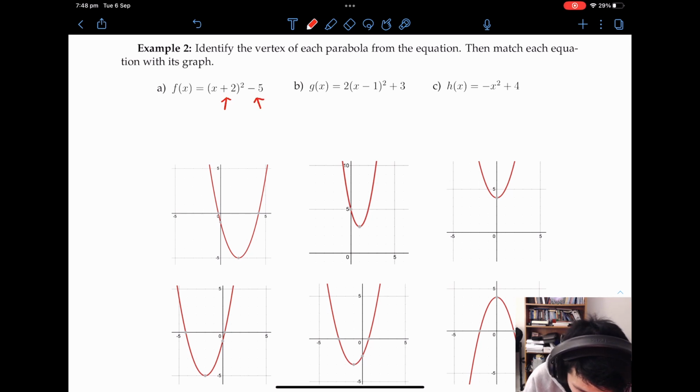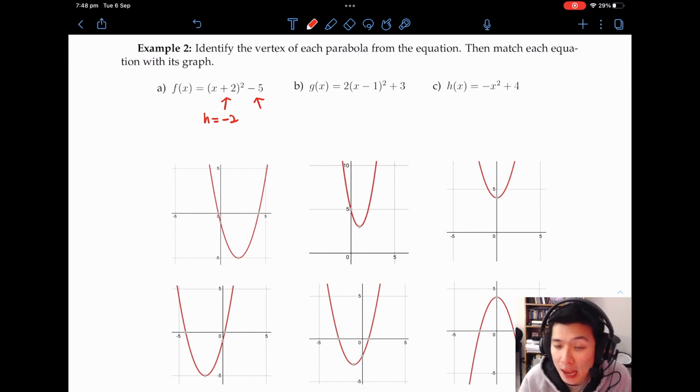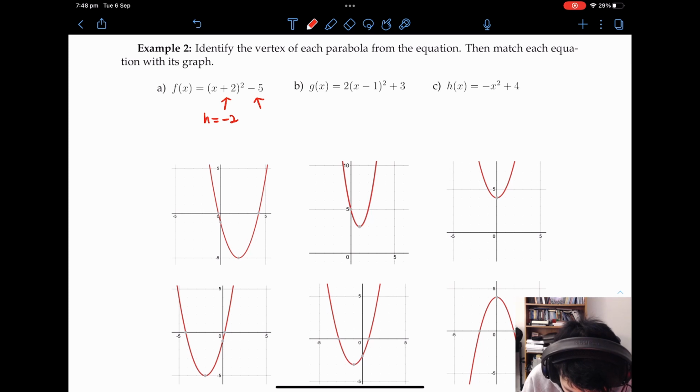In this case, h is not 2, but actually -2. And k is -5. You'll notice that for k we include the sign, but for h we have to do the opposite sign. And so this tells us that the vertex is simply (h, k), which is (-2, -5).